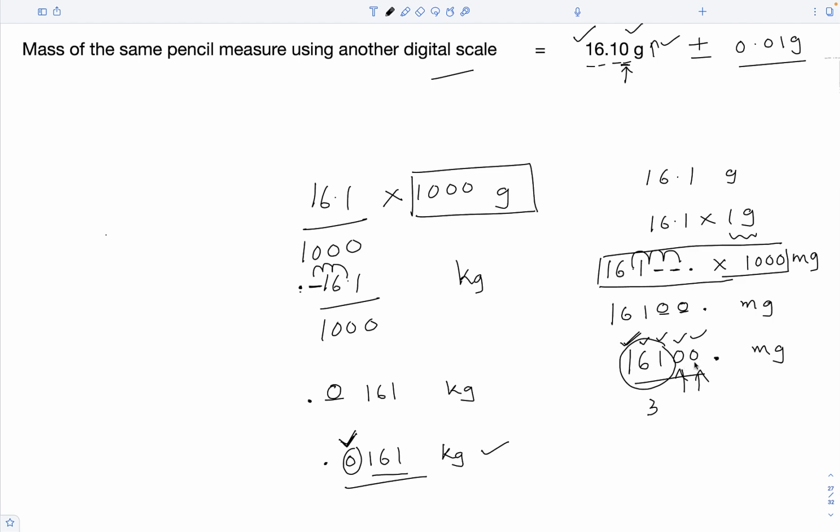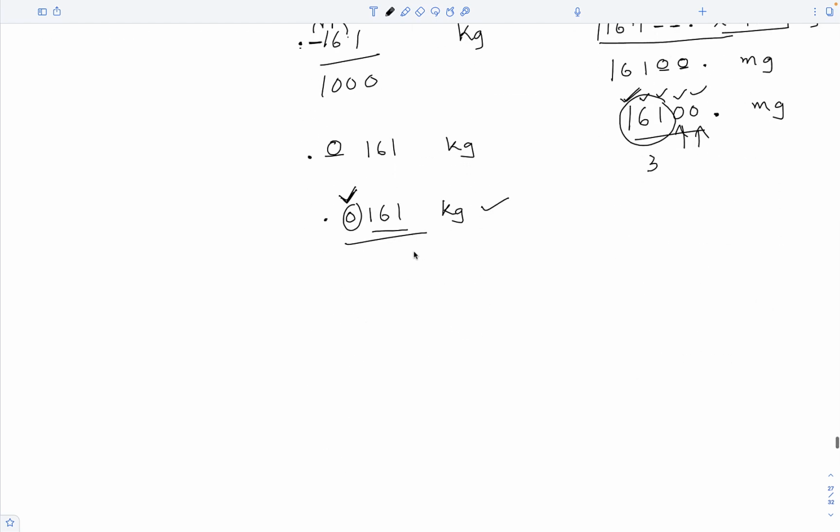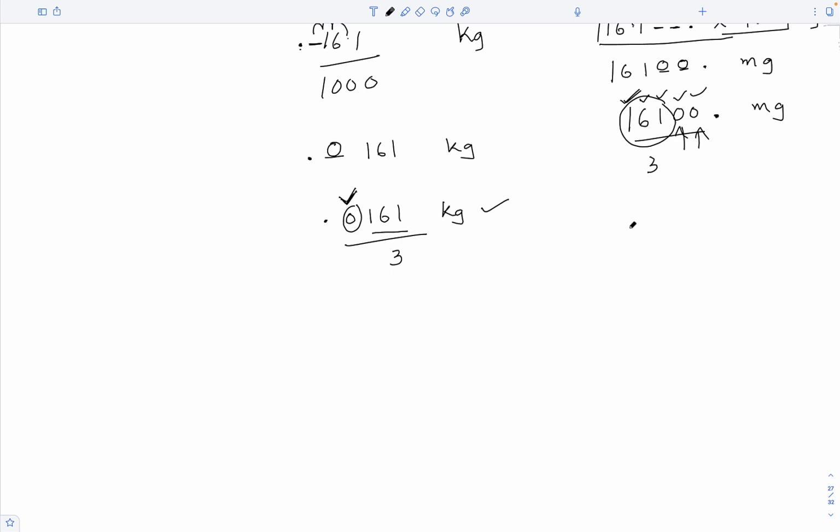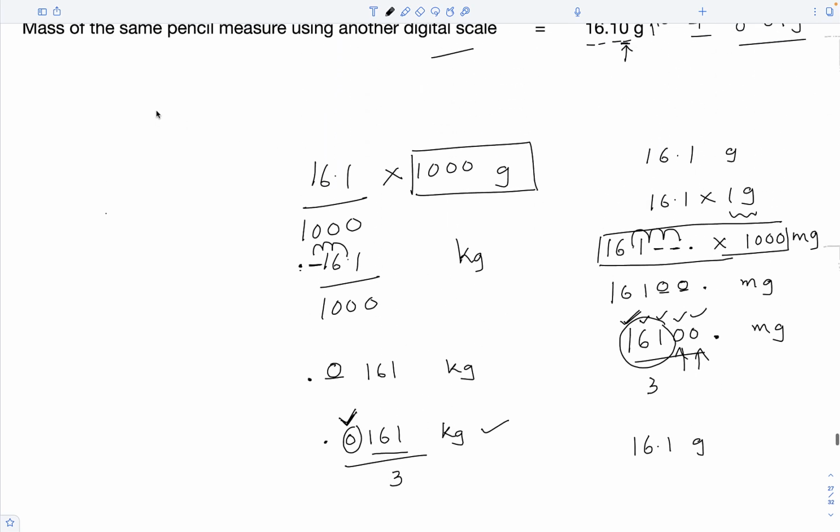They are just placeholder zeros. Again, in this measurement also, there are only 3 significant figures because this 0 is not meaningful as it is a placeholder 0. And here is what we learned so far. We started with the original measurement of 16.1 grams for the mass of the pencil.